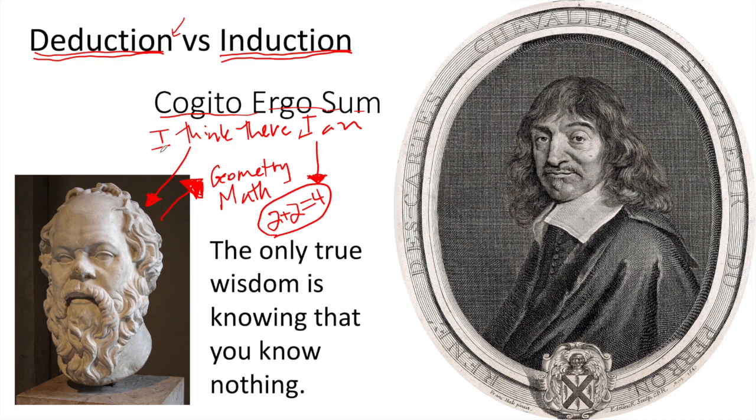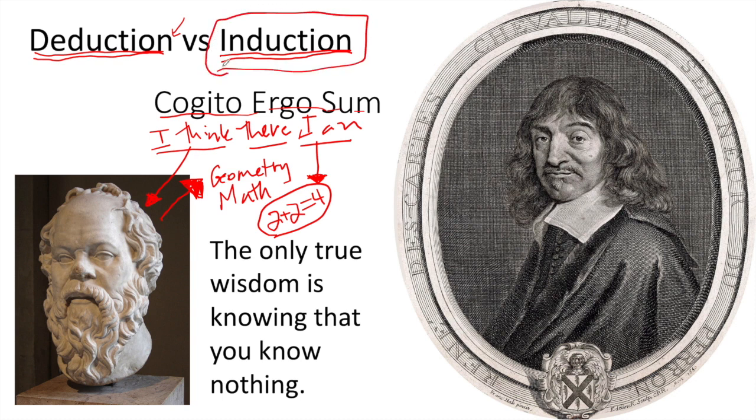All he can say for sure is that because he's thinking, he must be something alive. So I think, therefore I am. It's basically stripping everything you believe about the world down to as limited an amount as possible. And this shows you the importance of induction and how we should do this for everything.